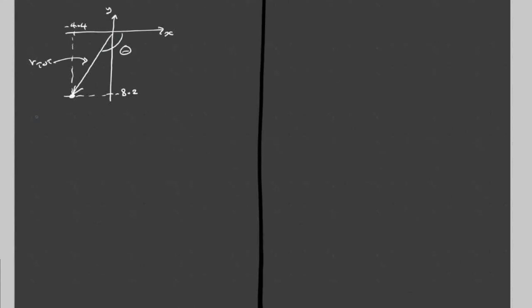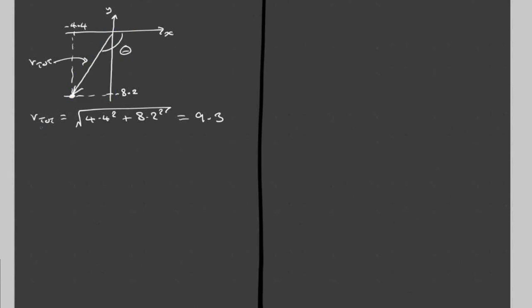So we can say that v tot is 4.4 squared plus 8.2 squared, square rooted, which is 9.3. And the angle is found by considering this right-angled triangle and working out this angle and adding 90 to it.